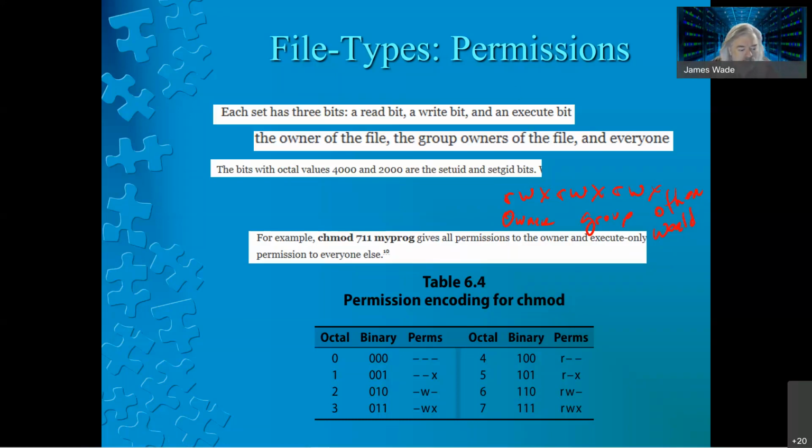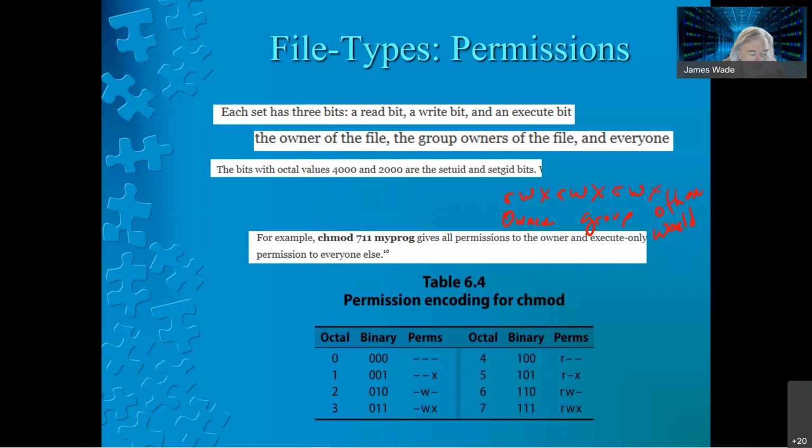So here we go, file types and permissions. Okay, so every file by default has this owner, group, other privileges. Now we can set that using a chmod command. For example, 711. And this is where you have to know a little bit of binary, folks. Because see, this is being done by binary.